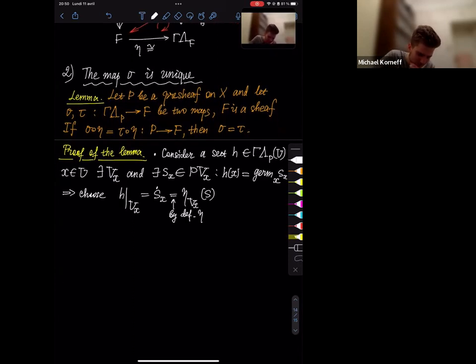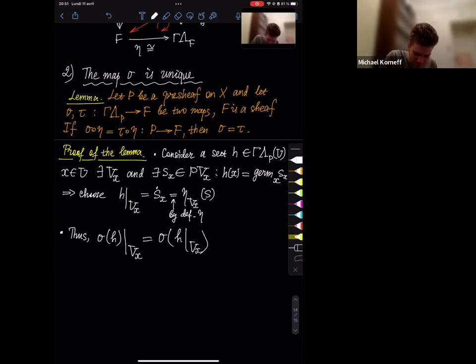And okay, the next step. Thus sigma of H restricted to Vx equals sigma of H restricted to Vx.